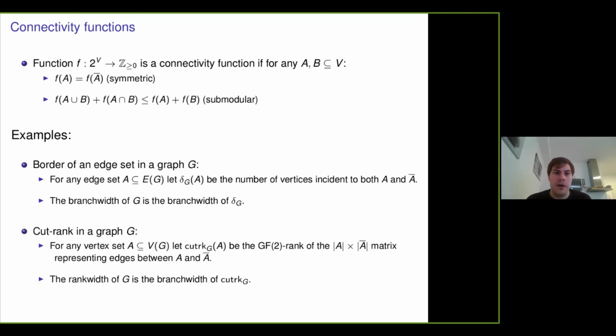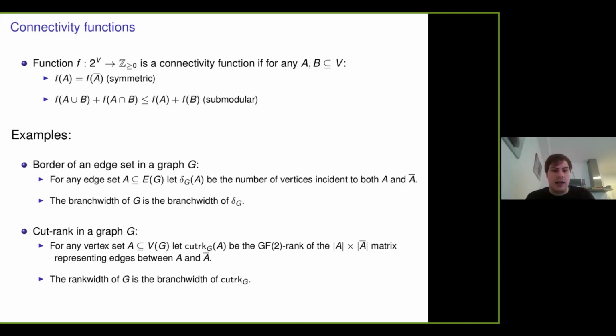And another connectivity function which we are interested in is the cut-rank in a graph G. For cut-rank, for some vertex set A, the cut-rank of this set is the rank of the matrix describing edges going from this set A to the complement of this set.